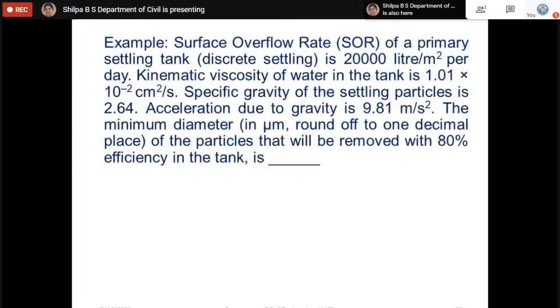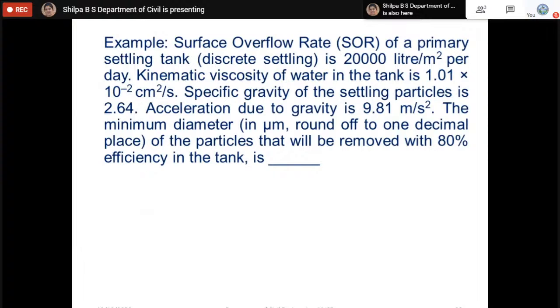As we reviewed the previous GATE question papers, most of the problems were asked on this sedimentation. So I have taken one such example. The surface overflow rate of a primary settling tank is 20,000 liter per meter square per day, and the kinematic viscosity of water in the tank is 1.01 into 10 to the power of minus 2 centimeters square per second.